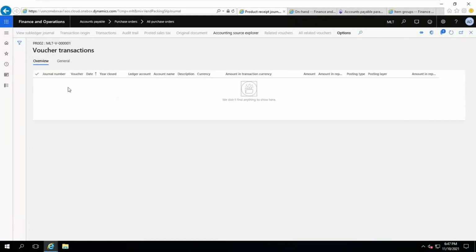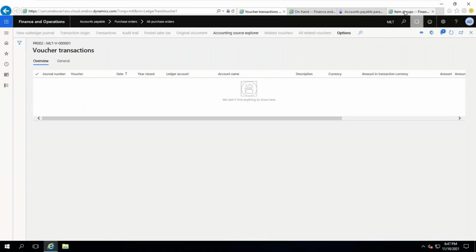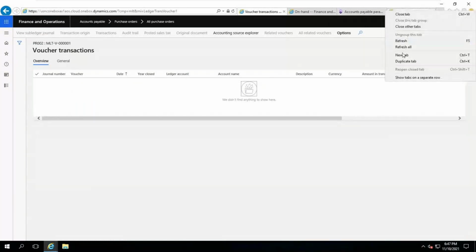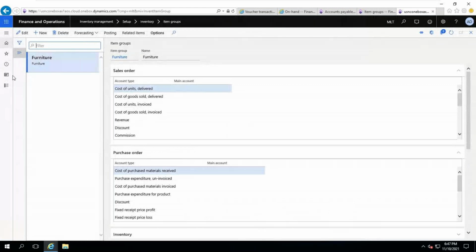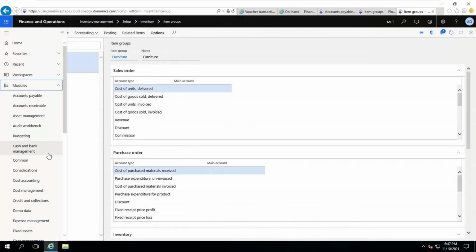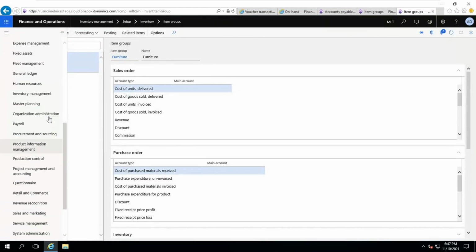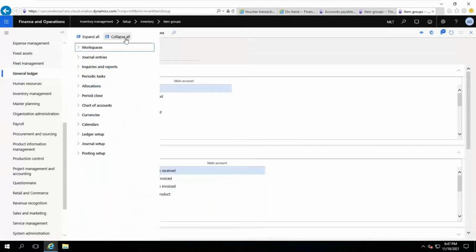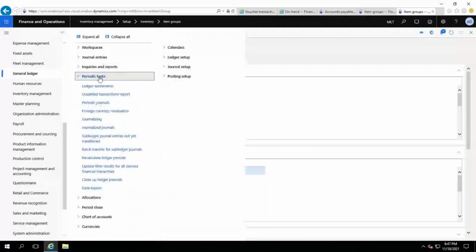It is blank. And even if I verify the subledger journal entry, it is not yet transferred. Let me verify in the general ledger, collapse all, periodic tasks, subledger journal entry.